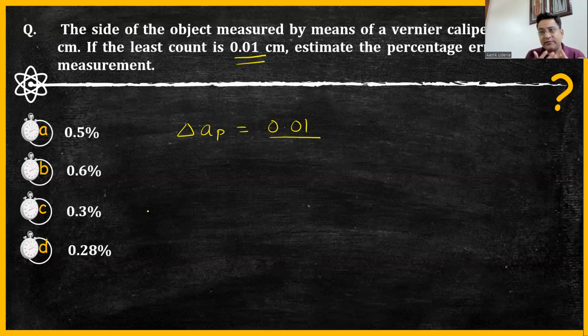It can only vary from 3.51 to 3.53, because that is how precise the calculation is. Do we understand this? Yes, sir. 0.01 divided by 3.52 multiplied by 100%. That would be your percentage error in the calculation. And I think the answer is option D.